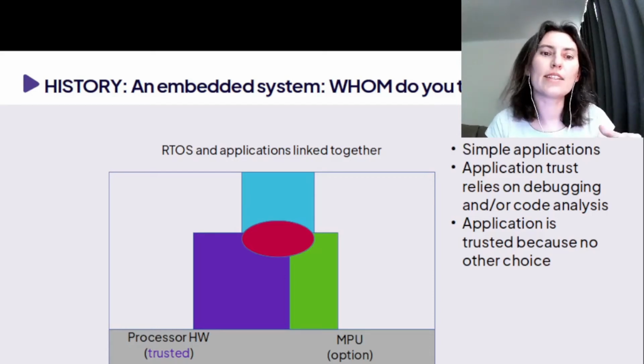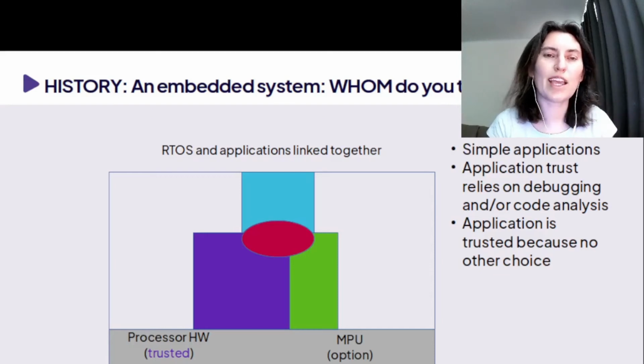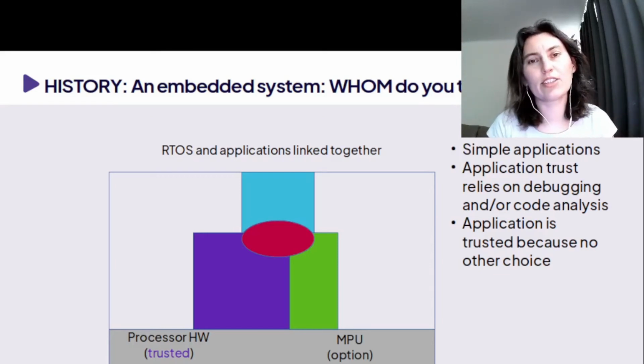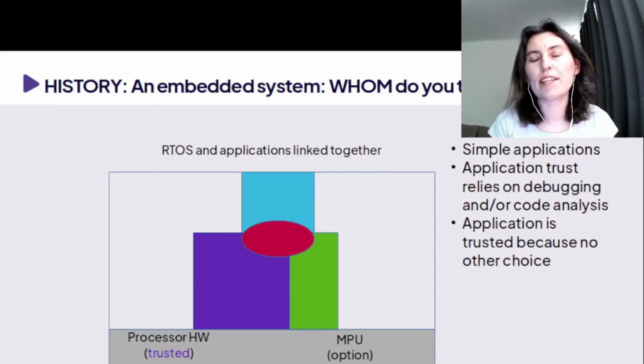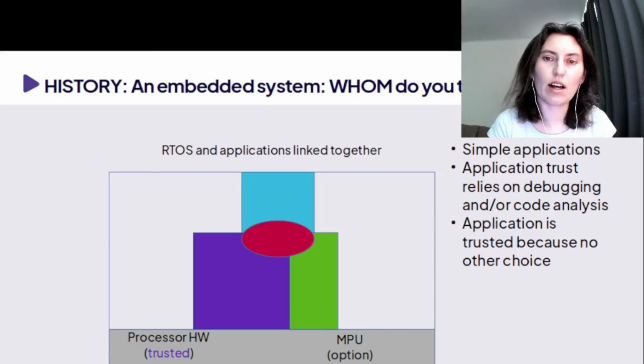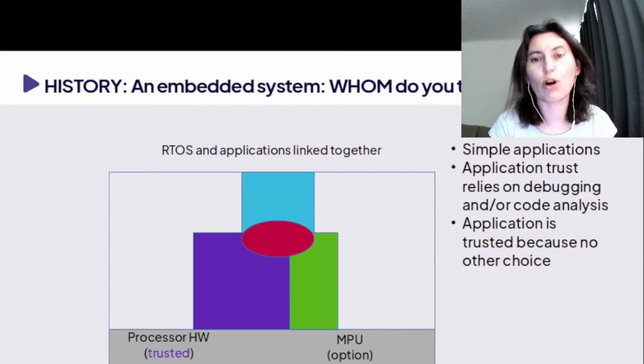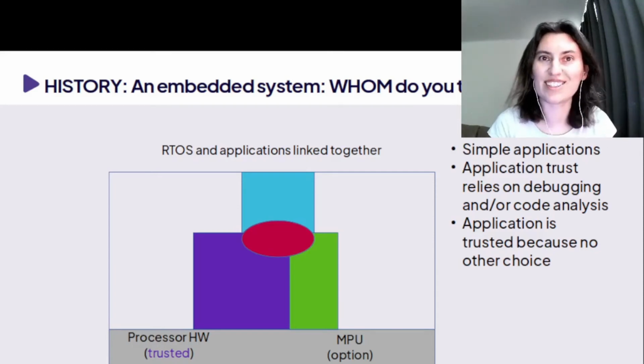That means that an application could access data of different applications, maybe even of the operating system, and could modify it, depending on whether the MPU is set up or not, and if it's present in the specific system.